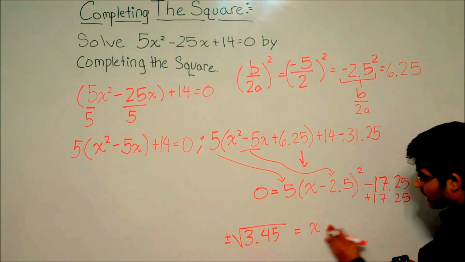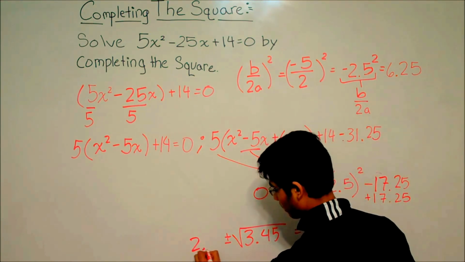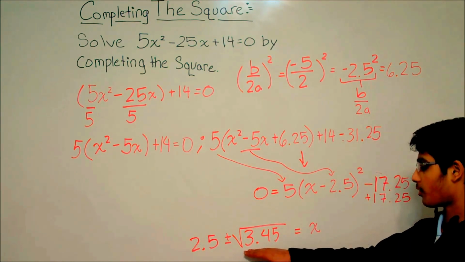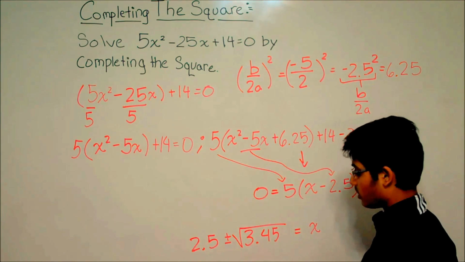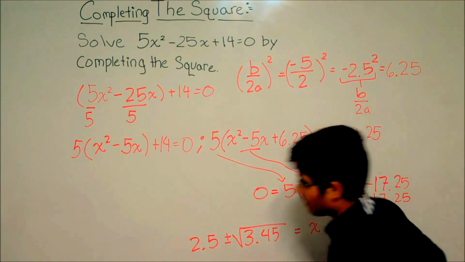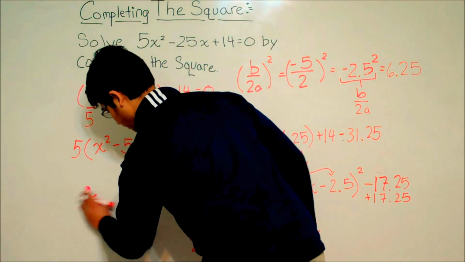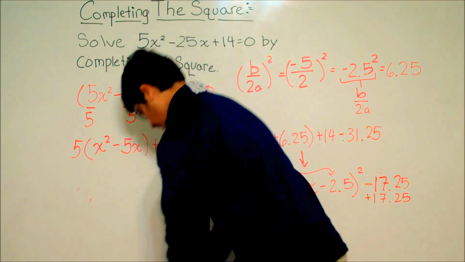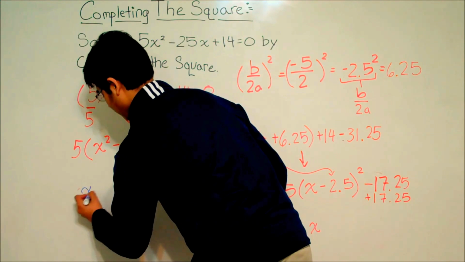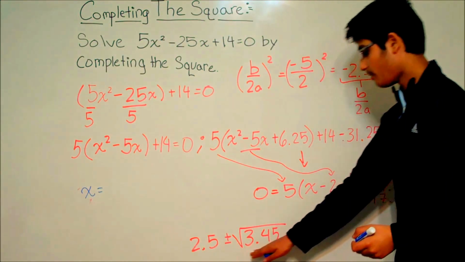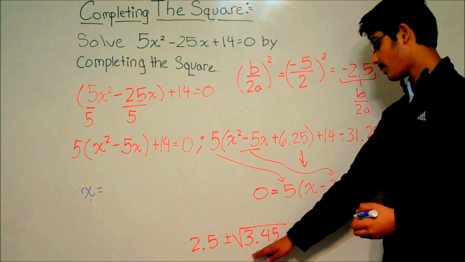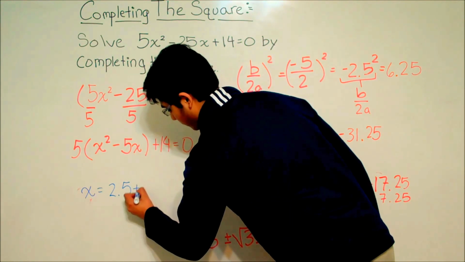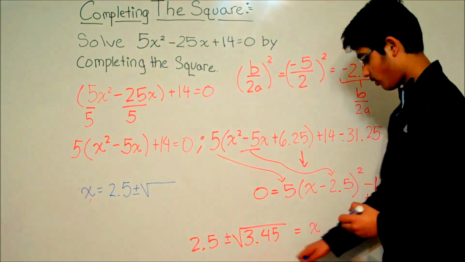So when we do that, we get 2.5 plus or minus the square root of 3.45. So the answer to this problem is x is equal to 2.5 plus or minus the square root of 3.45.